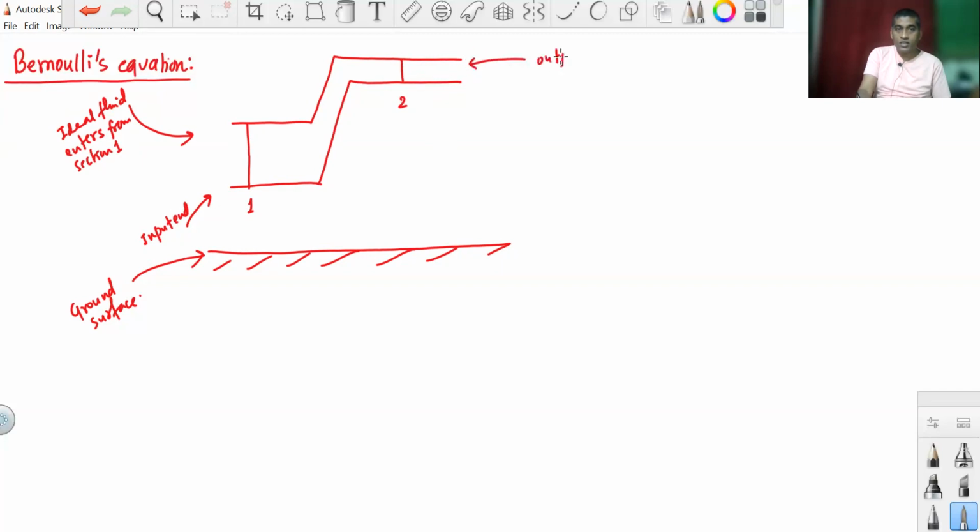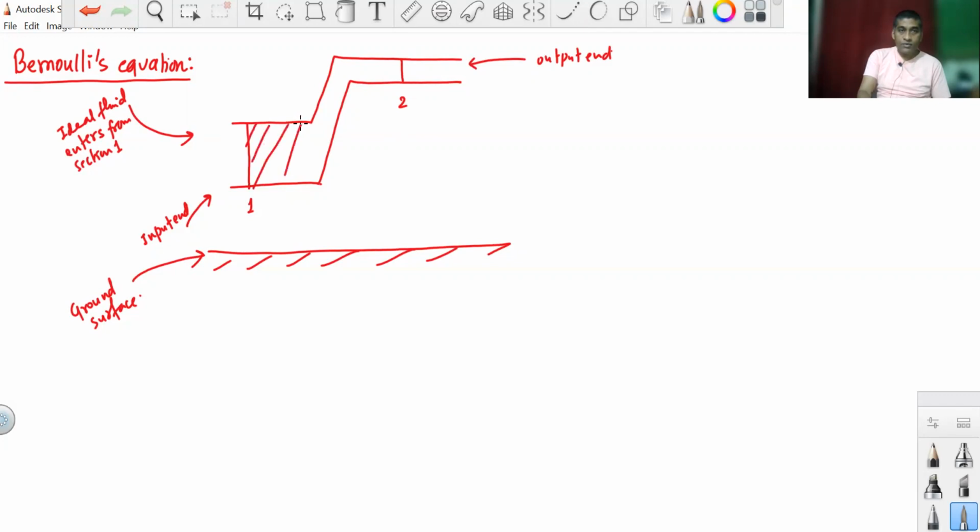So this is the output end. So we have ideal fluid entering from the left of section 1 and leaving the tube from section 2. Clear?